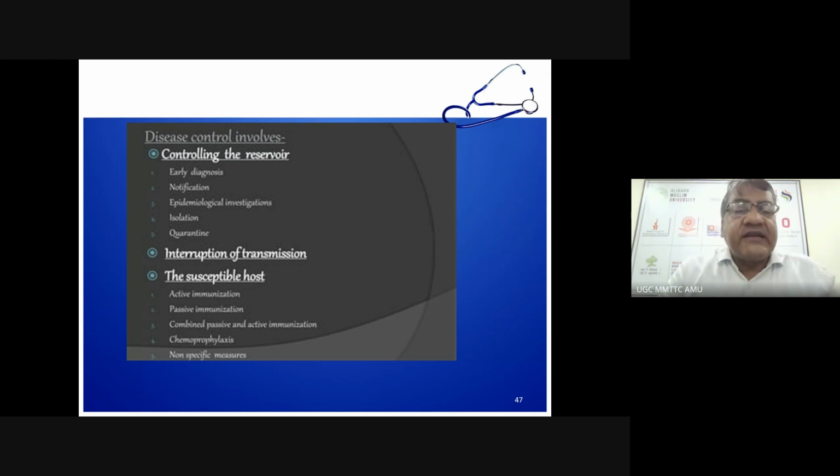Interruption of the transmission, and the third stage of disease control involves susceptible host. We do active immunization, passive immunization, combined passive and active immunization, chemoprophylaxis. Chemoprophylaxis is given by medicine or non-specific measurement, that is by taking precautions.